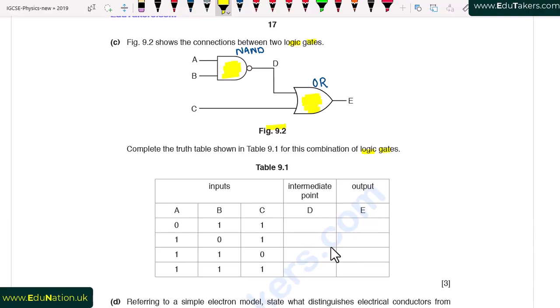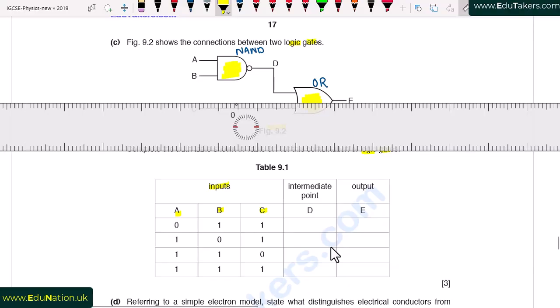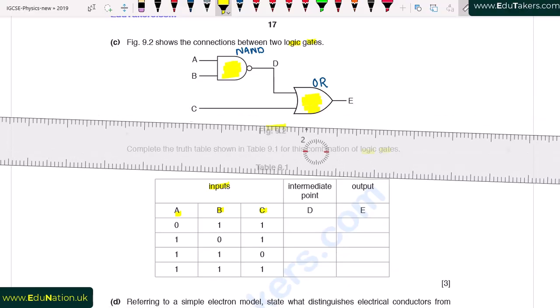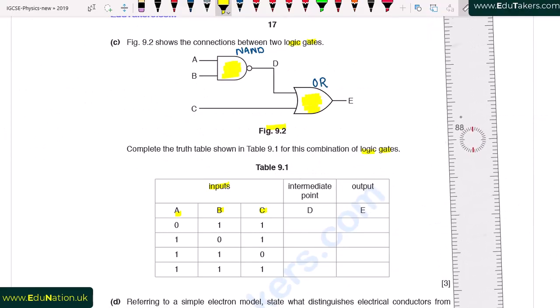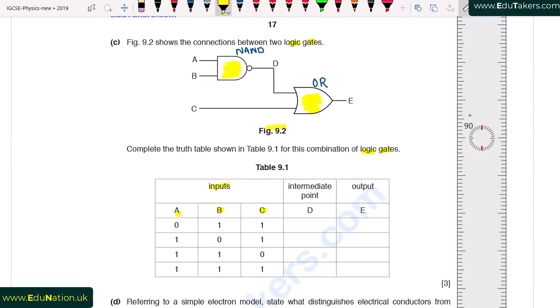We can see that inputs are A, B and C, while the output is E, and there is an intermediate point that is D, which is the output of A and B when we apply NAND over it. So first of all, I am going to draw the truth table for NAND and then we move forward. So first of all, it is the truth table for NAND gate.